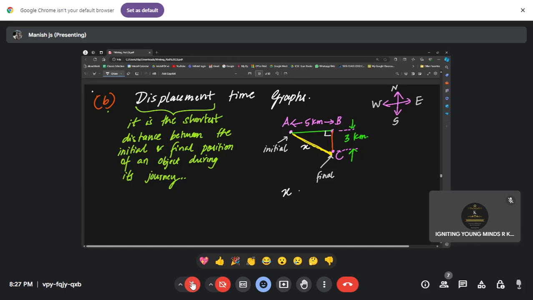So x equals the square root of AB squared plus BC squared, which is root over 5 squared plus 3 squared, which is root 25 plus 9. So how much is 25 plus 9?